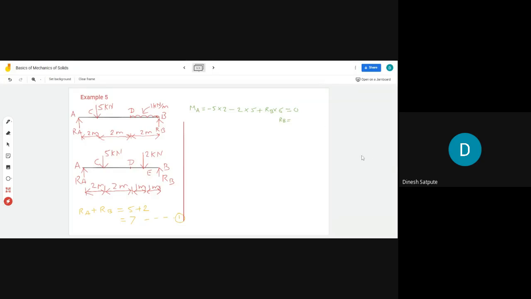So you might have got RB equal to 3.33 kilonewton, and from equation number 1 you will get the value of RA.